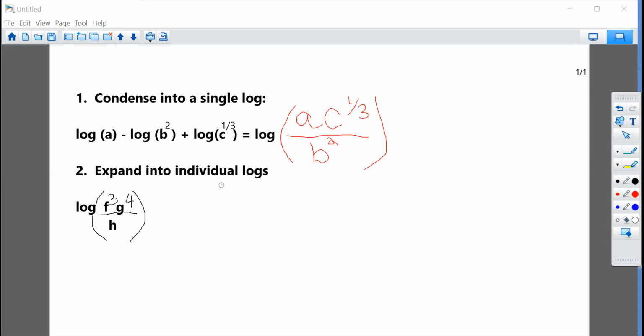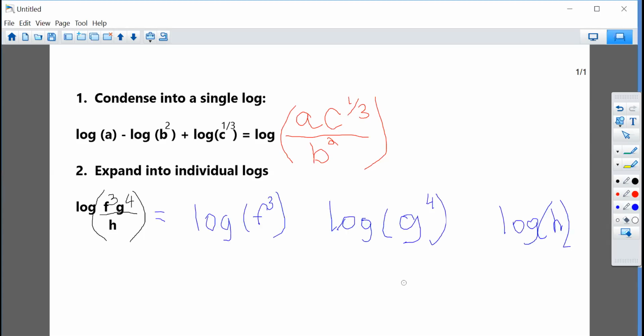We'll have the log of f to the third, we'll have a log of g to the power 4, then we'll have a log of h. Now for some signage between log of f to the third and log of g to the fourth, what sign do we need? Is that going to be a plus or a minus?